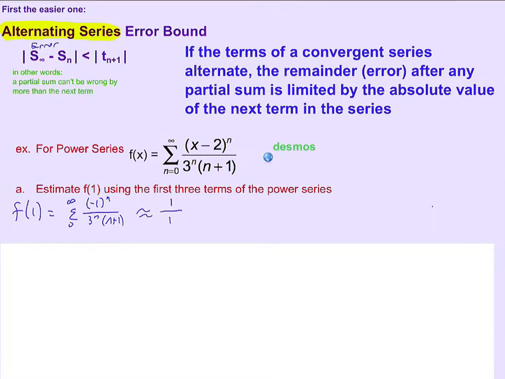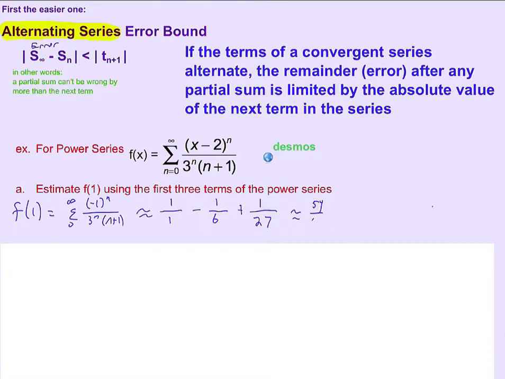And the next one will be negative, because it's negative 1 to the first, over 3 to the first times 1 plus 1. That's 3 times 2. Next term will be positive, because it's negative 1 squared, over 3 to the second times 2 plus 1, so that's 9 times 3. And if we do the math here, we can make a common denominator of 54.